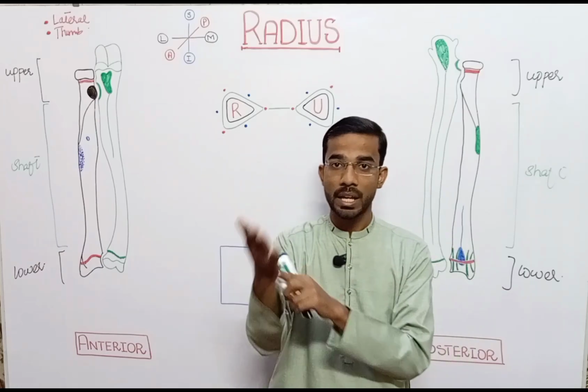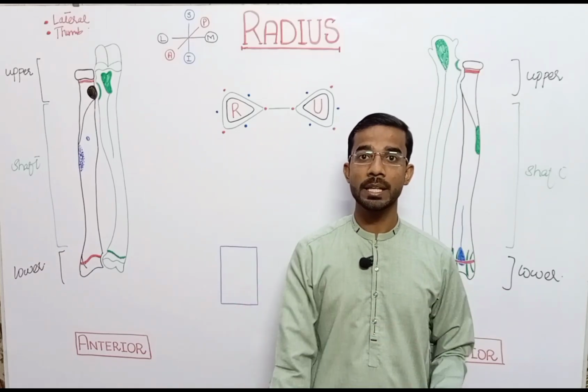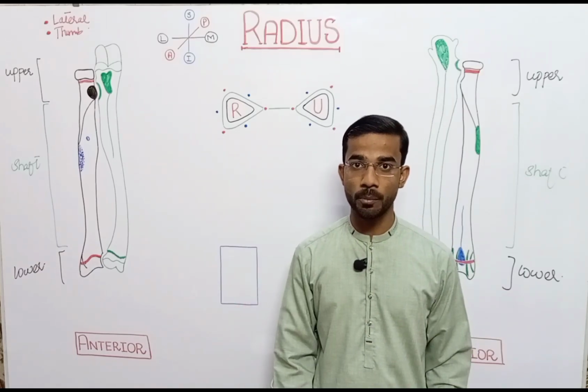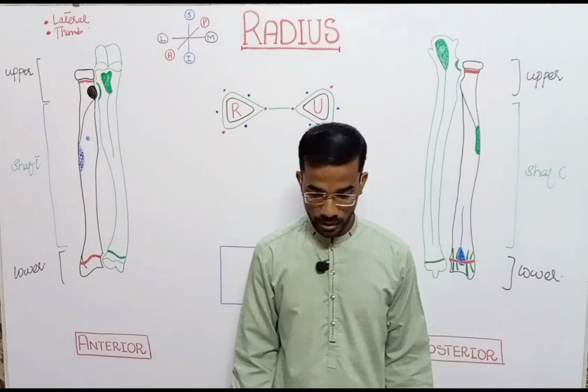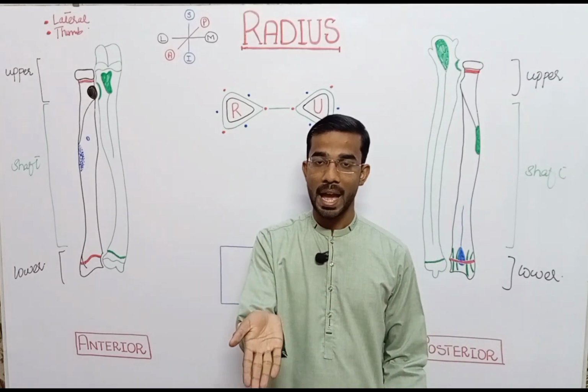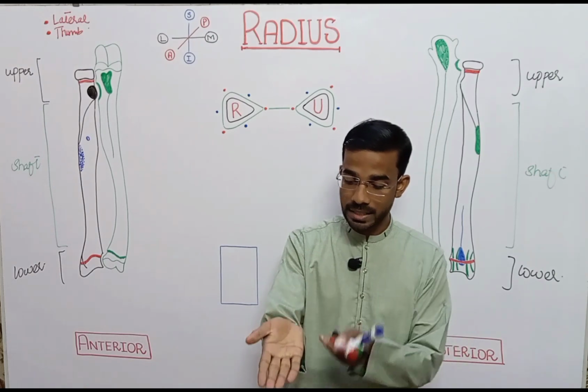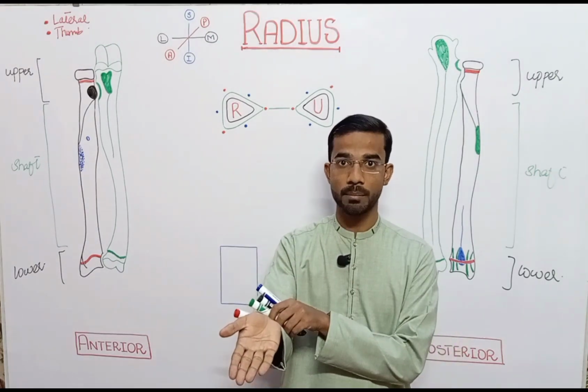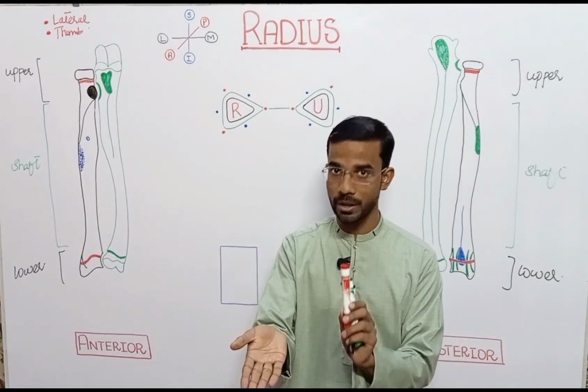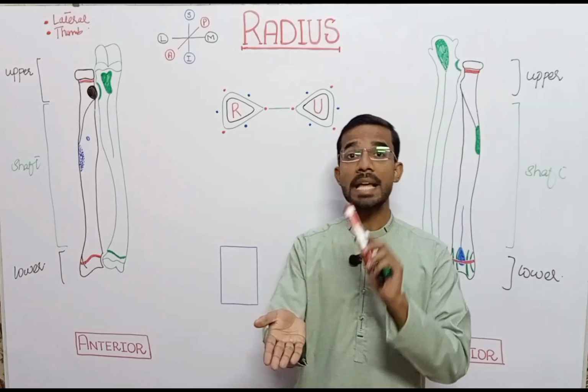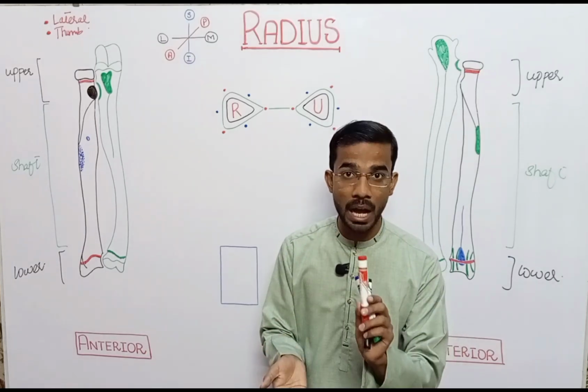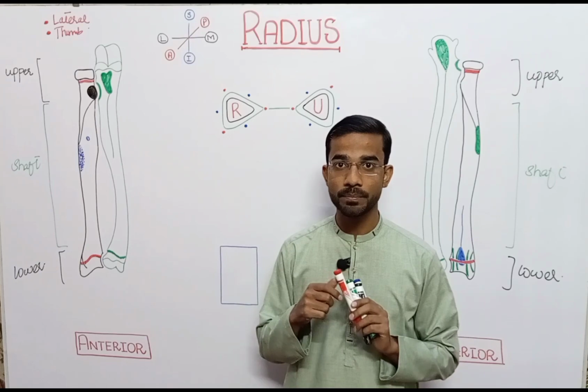If we see the anatomical position of the human body, it will look like this. In that situation, the radius is present away from the body, so we call it the lateral bone. It is analogous to the tibia, which is present in the leg.